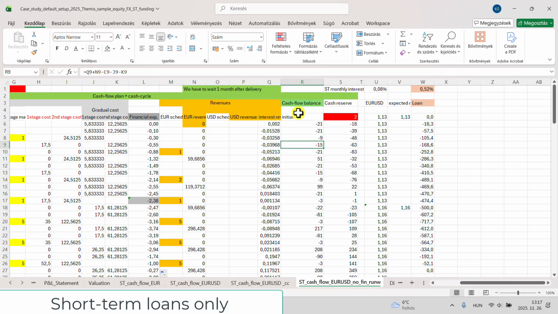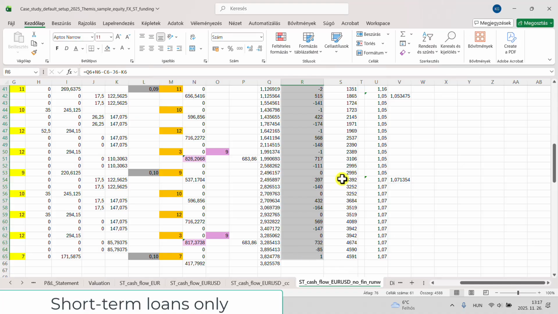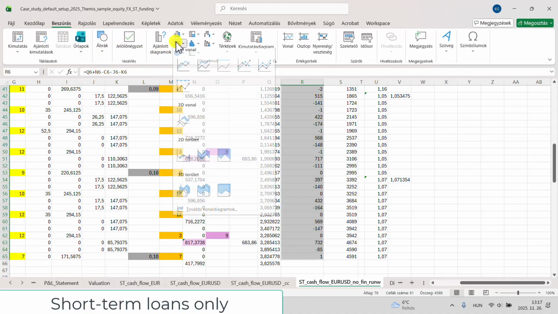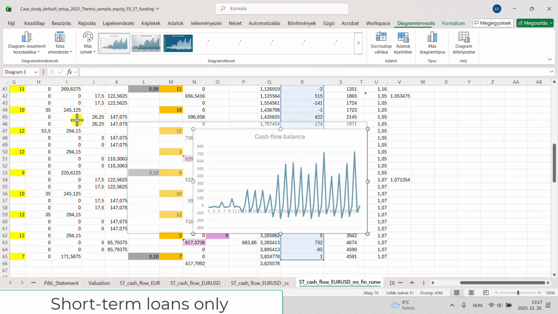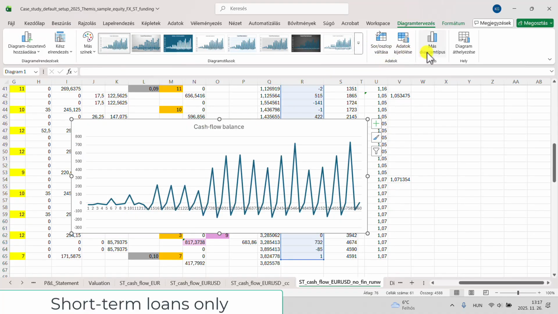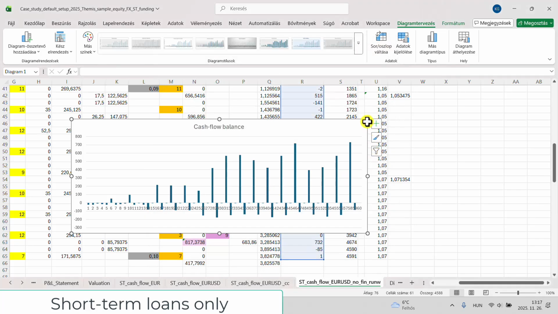So at the end of the day, what was interesting for us is to see how the cash balance will react. Again, this is not a line, this should be a bar diagram.